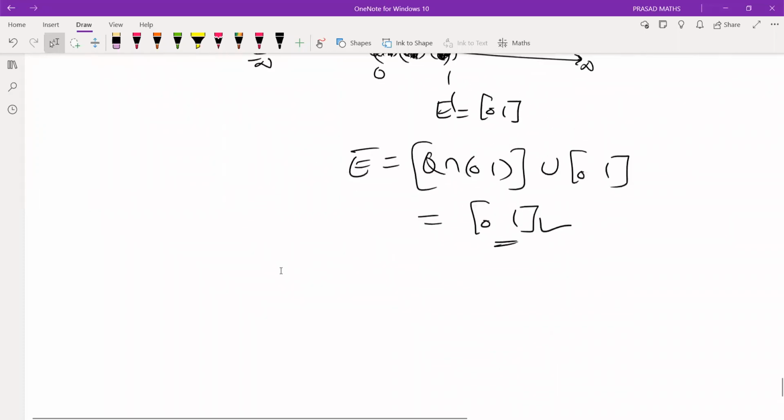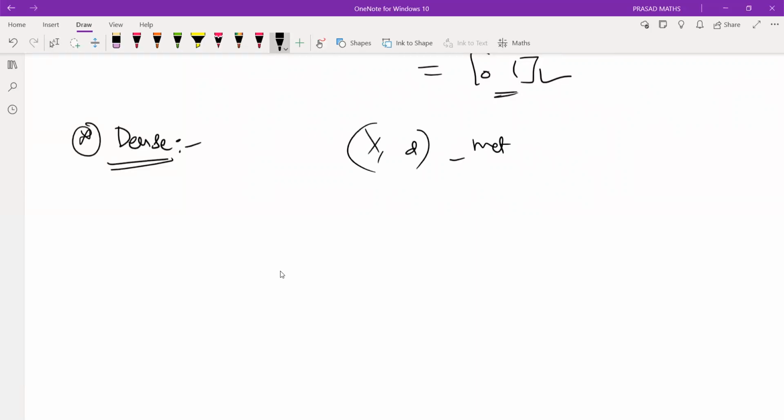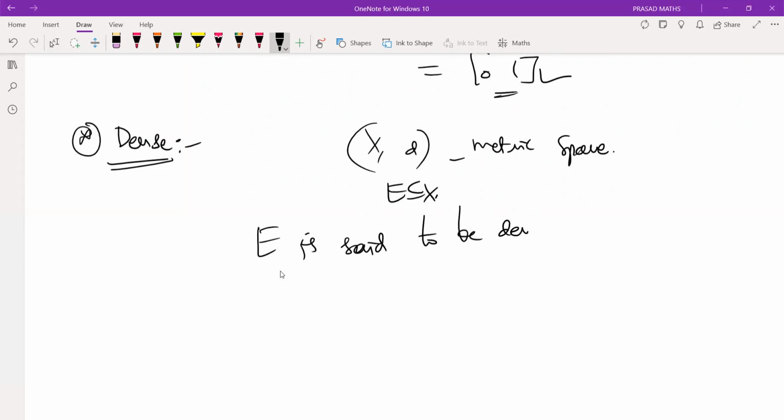Next is the dense set. What is dense? Take any metric space, take any subset E of X. Then E is said to be dense if and only if the closure is the full X. Actually, you know that.